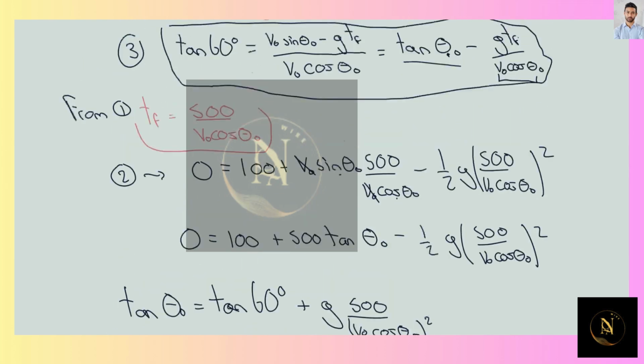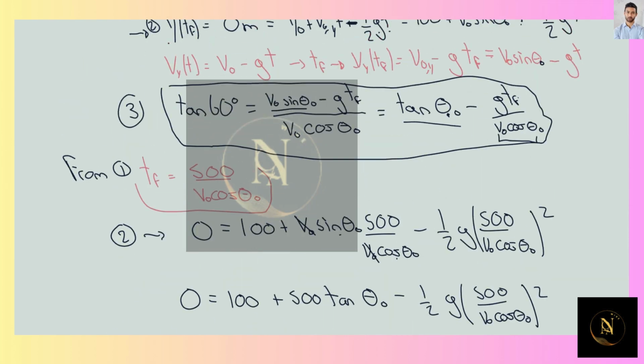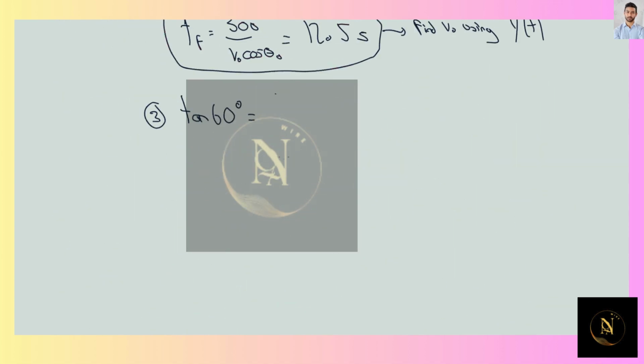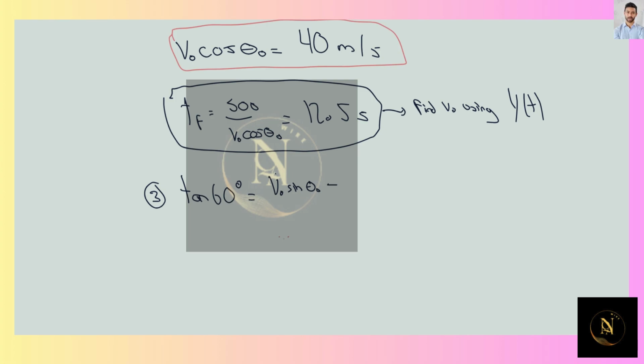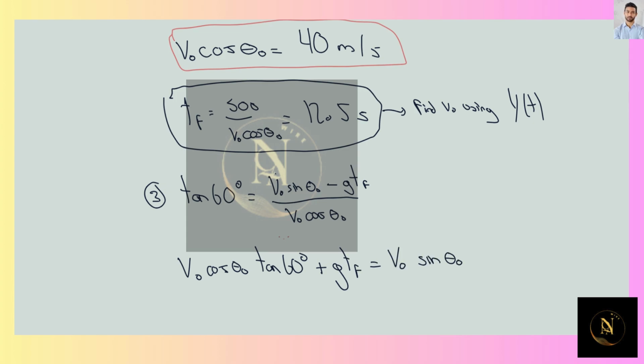So essentially what we're going to do is find the initial velocity on y, this factor over here. So we're going to get v0 sine of theta 0 minus gravity, the final time that we just got, divided by v0 cosine of theta 0. So that means that v0 cosine of theta 0 times tangent of 60 degrees, remember that all of this factor is 40 meters per second, plus gravity times t final, is going to give us v0 sine of theta 0.